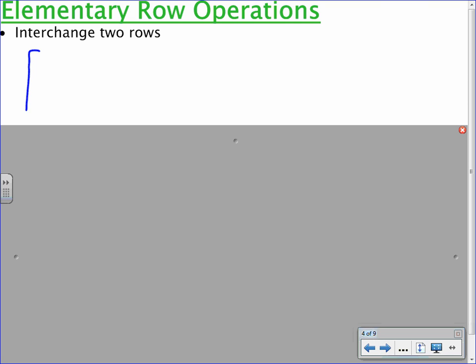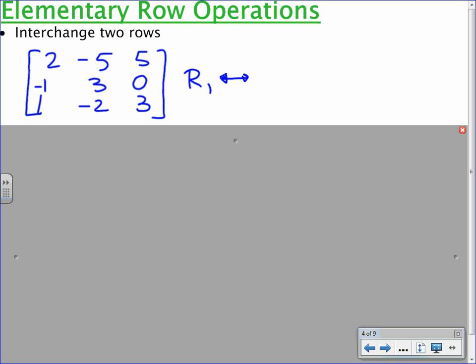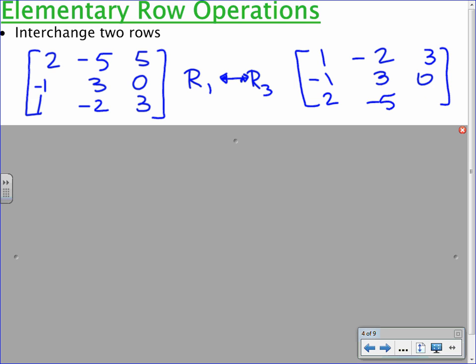We're going to start out with this matrix. It is legal for me to say I want to switch row 1 with row 3. And my new matrix would be 1, -2, 3, -1, 3, 0, 2, -5, 5.